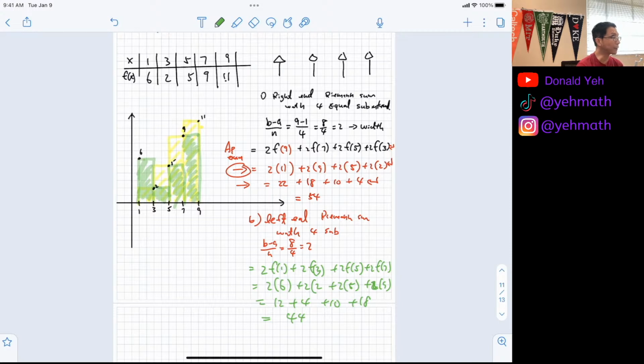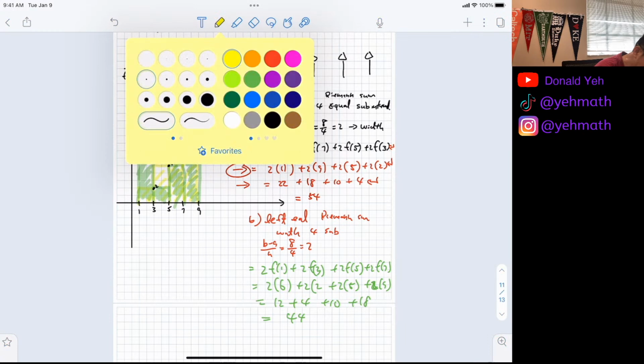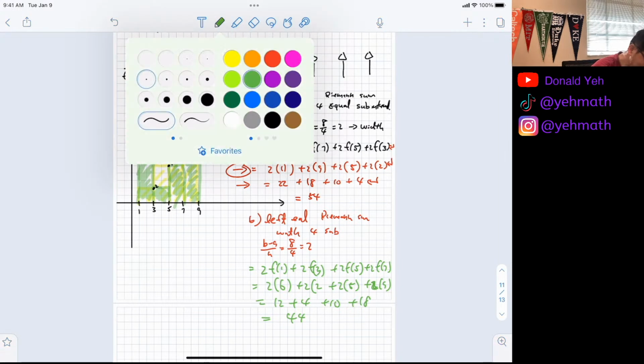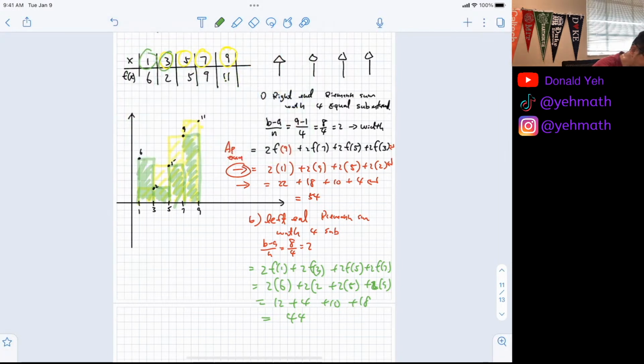Now the harder part will be the midpoint. So if you realize this is the 1, 2, 3, 4, right? 4 right endpoints, right? I color matched this so that way you can see this is this point right here. Now for C, it's a midpoint rule.